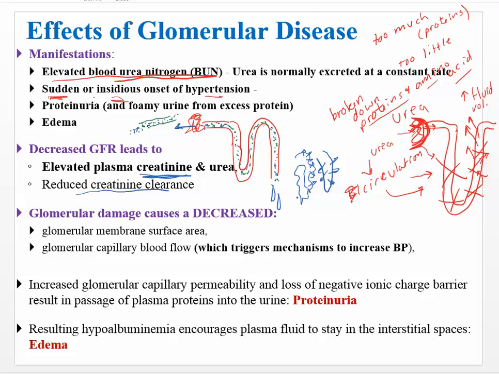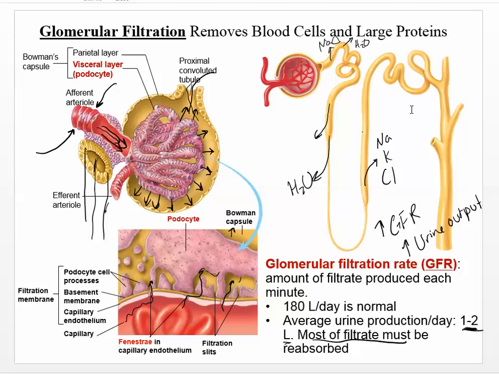Let's see, glomerular capillary blood flow, which triggers mechanisms to increase blood pressure. So like I said before, we have constant monitoring. If we go back for just a second, the glomerulus is constantly monitoring, or it's called the macula densa.